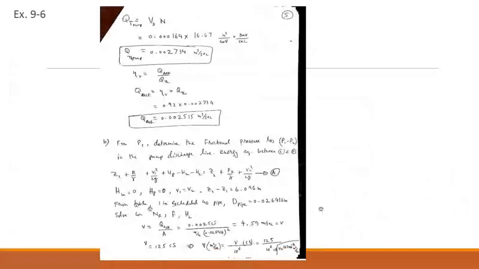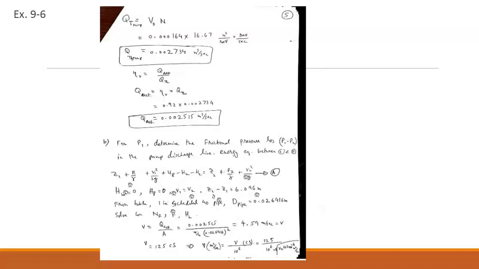HM will be 0. There is no motor, so the motor head will go away, and the pump head will go away. Also, since the velocity is continuous, V1 will be equal to V2. And Z2 minus Z1 will be equal to 6.096, which is given in the problem.